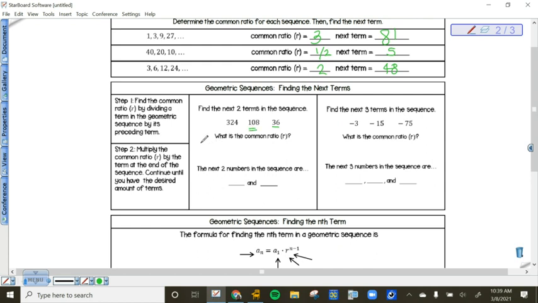Okay, so 36 divided by its previous term is 108. Someone tell me, on your calculator, 36 divided by 108 in fraction terms. Yeah, it's 0.3333 repeating. Do we know what that is as a fraction?